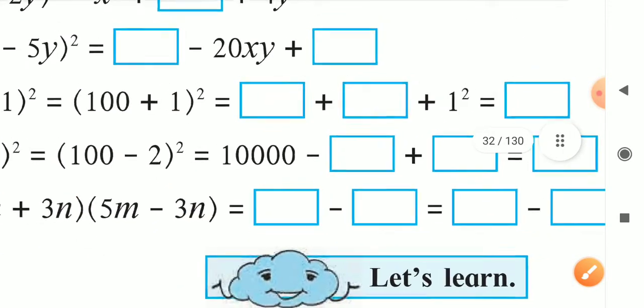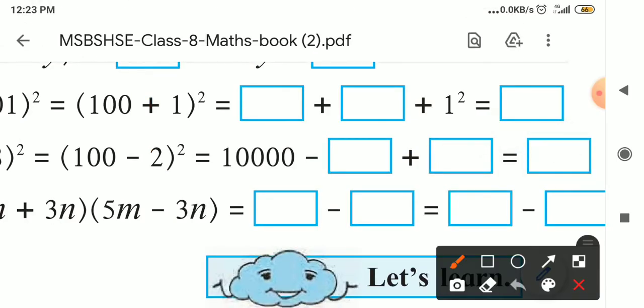So what will come here? 10,000 will come. 100 square is 10,000 plus 2ab. We have to do 2 into 100 into 1. So 2 ones are 2, 2 100s are 200, so the multiplication of this is 200. So write 200 here, and at last you have to write 1 square. 1 square is 1 only.